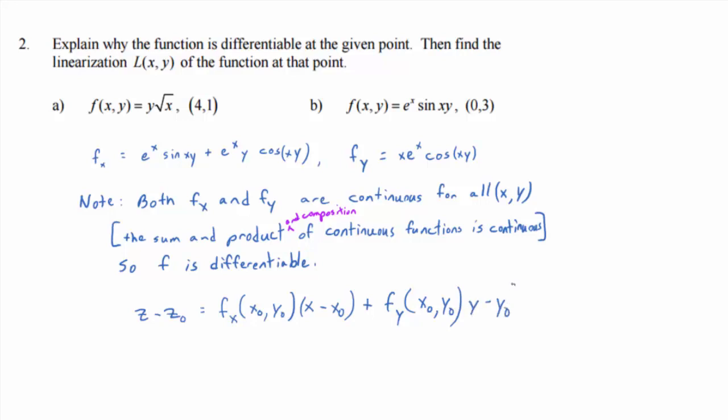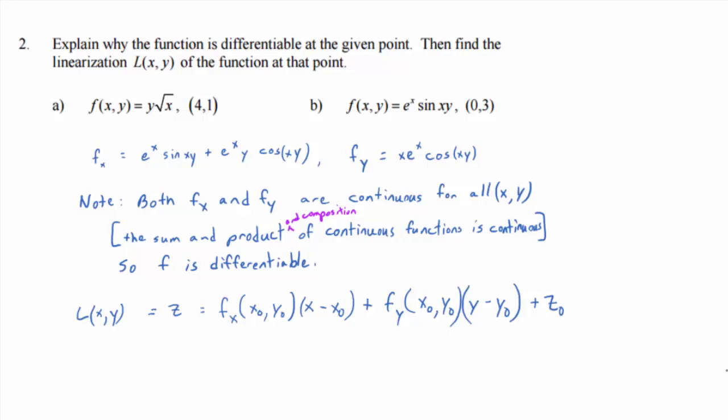And then to get the linearization, all we do is move the z naught to the other side. And then that thing on the left, we change the name of that to L of x, y, right? So you fill this in and you have your linearization.